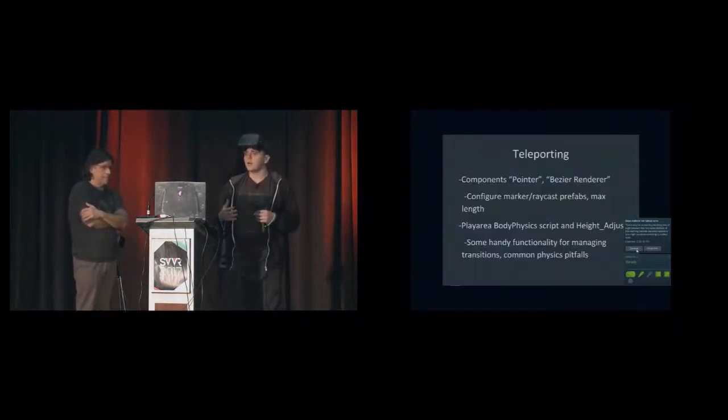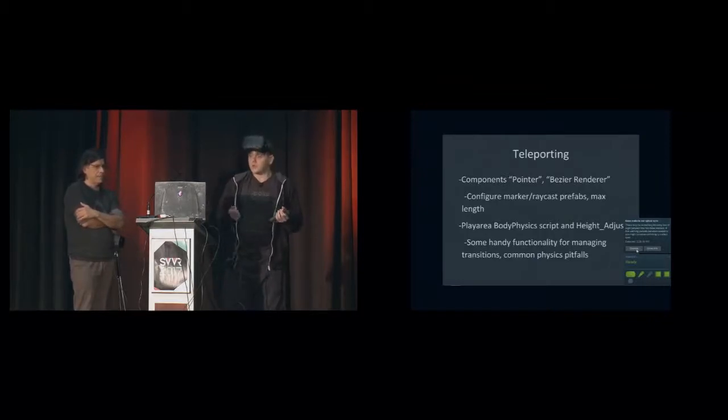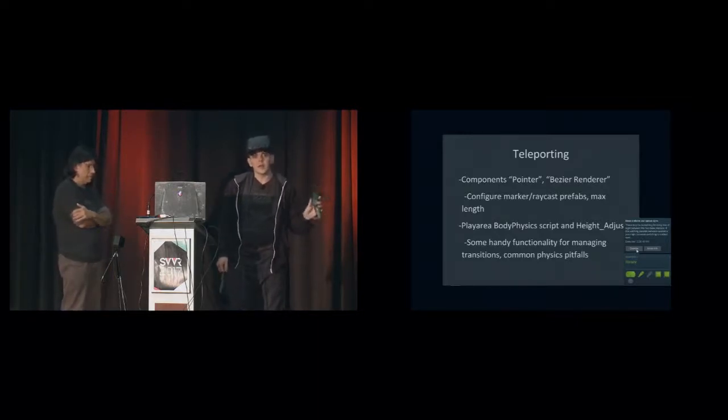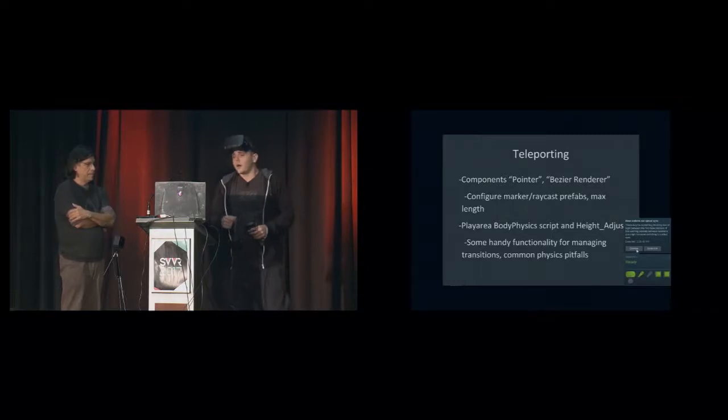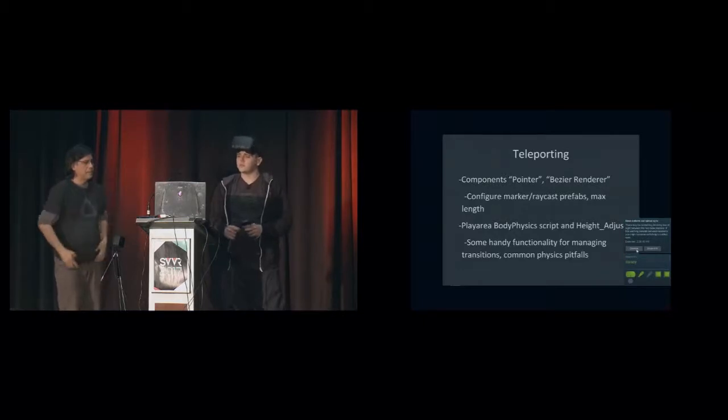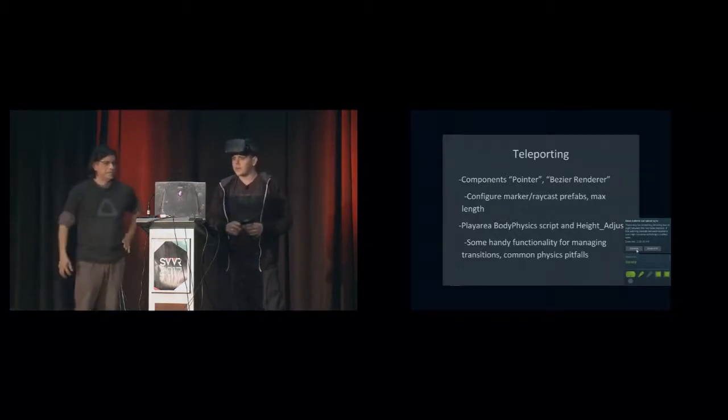Teleporting involves creating just a pointer and a Bezier renderer, adding that to your controller object. He creates proxies because when you're switching between Oculus and SteamVR, you can't actually use a game object for that. So you have to configure it on a separate game object in your scene. And of course, you can configure the way that those raycasts look, so it's not just like the one that you saw in the previous picture of what Arc Teleport looks like.